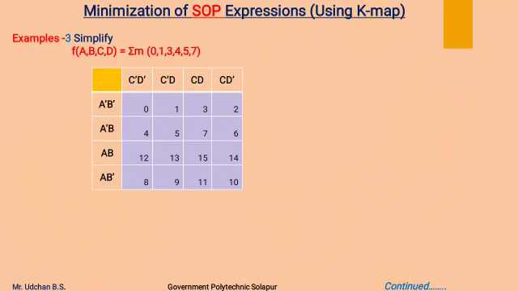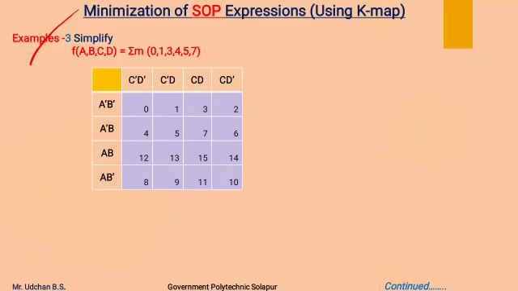Now we will go for the third example, which is a function of ABCD, summation of small m 0, 1, 3, 4, 5, 7. Now in this example we can observe that the min terms are in the range of 0 to 7. So we could use a 3 variable K-map for this, or in other words we can solve this example using a 3 variable K-map also.